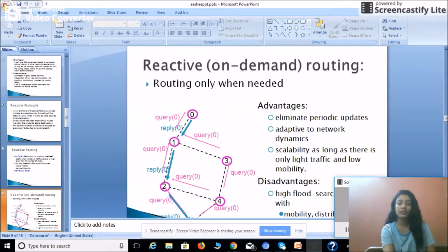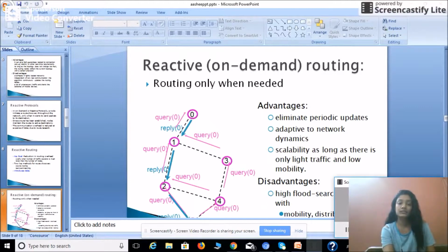Here are some advantages of reactive on-demand routing. Routing only when needed. First of them is that it eliminates periodic updates. As in the proactive protocol, here we do not have to update our routing table periodically. The second one is that it is adaptive to network dynamics.